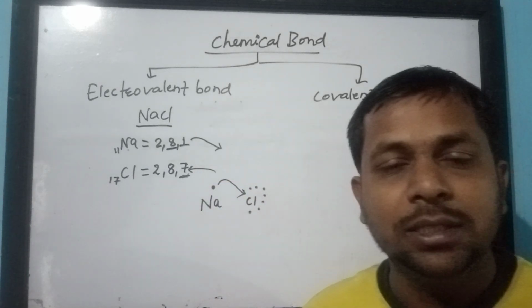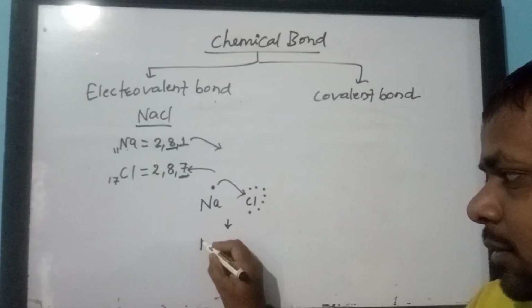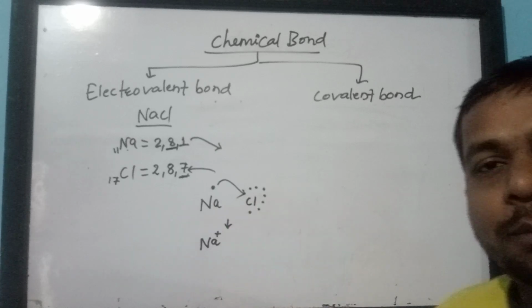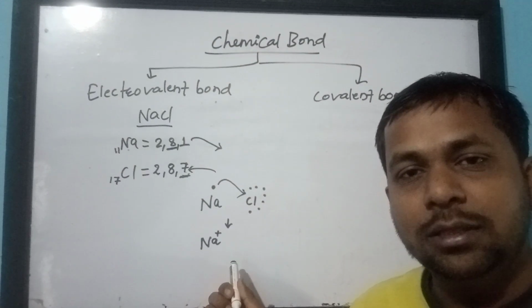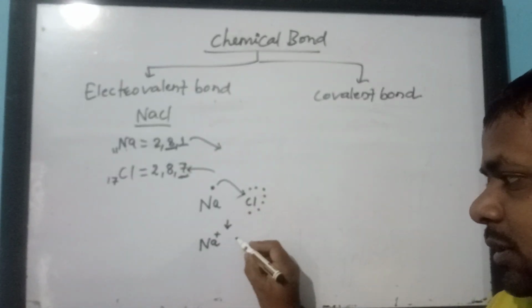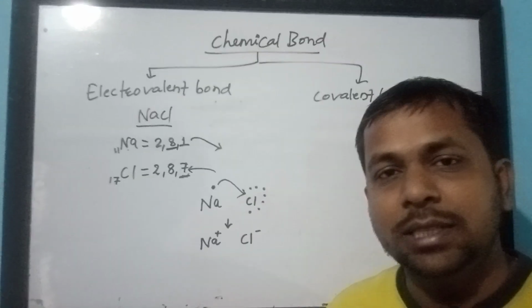Both atoms will be stable. When sodium loses one electron, there will be development of one positive charge, and when chlorine gains one electron, there will be development of one negative charge.